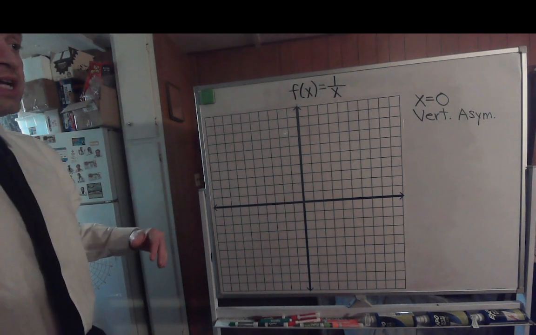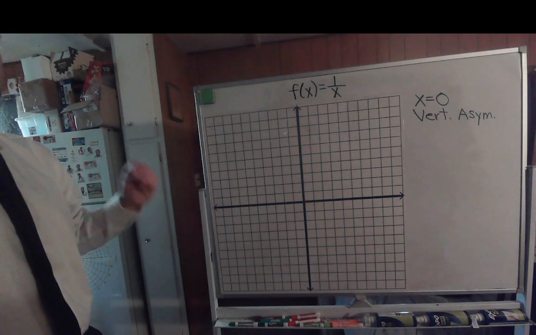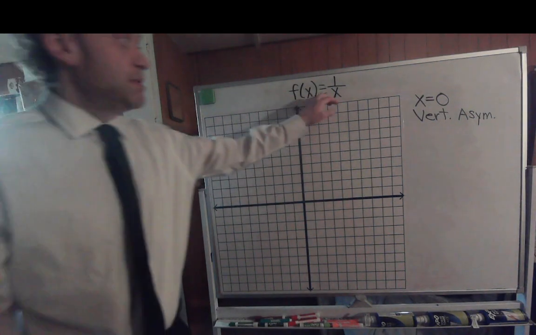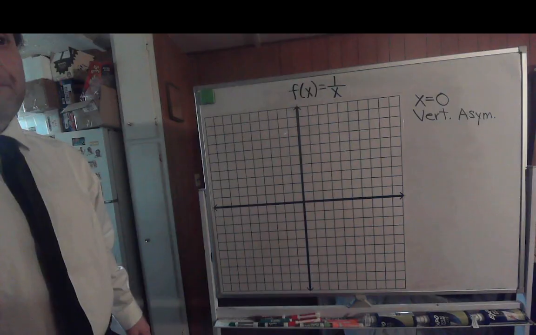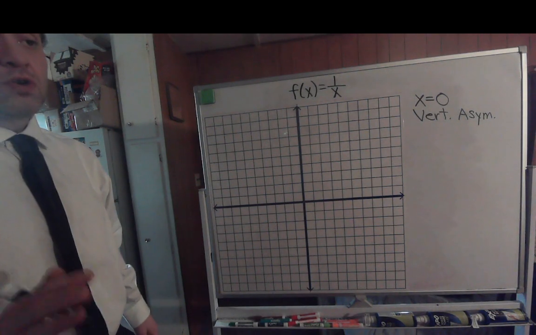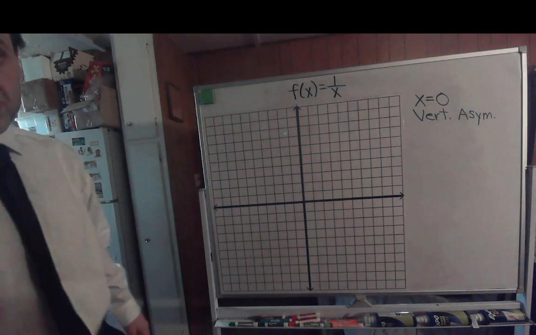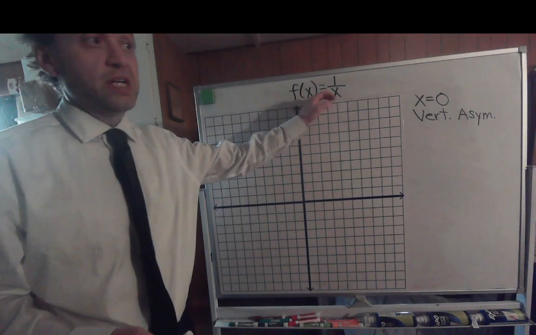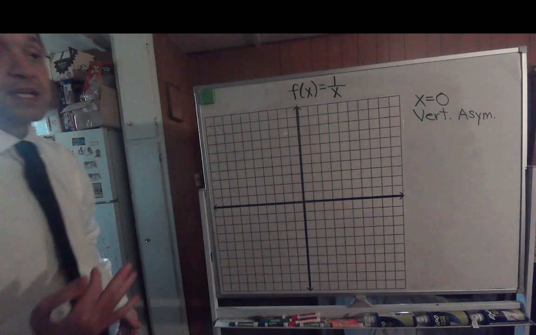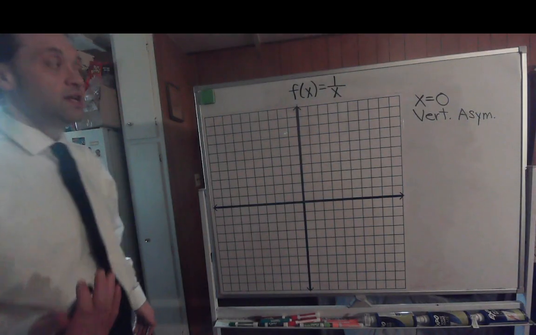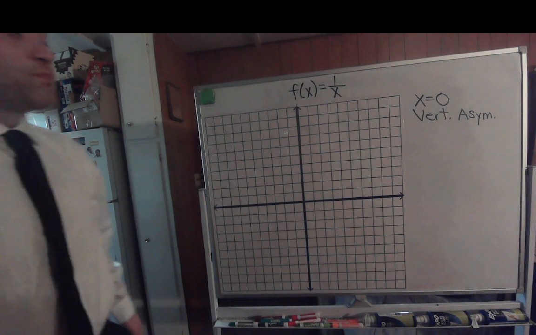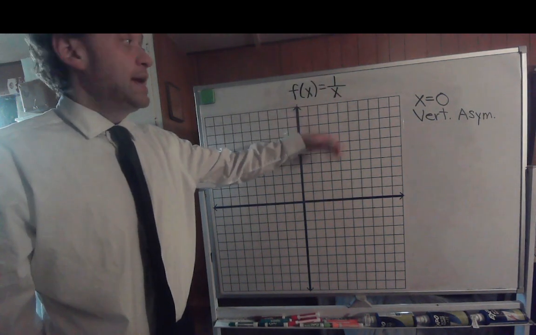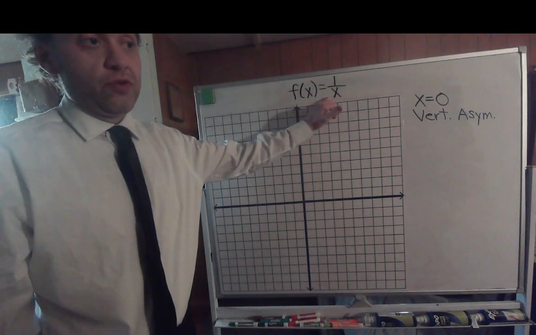So basically, for rational functions, and when we graph it, I'll explain more, anytime your denominator can be equal to 0, that's where you have a vertical asymptote. And in some of these, you'll have more than one vertical asymptote if you have a quadratic expression in the denominator, which we're not going to do today, but we will in future lessons. Now, you just have a constant over a linear x expression, right?